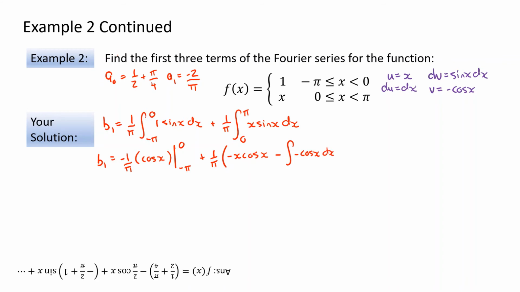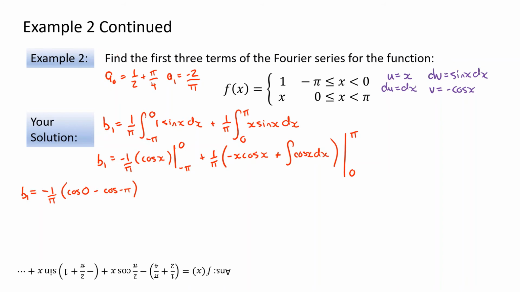Before I go further with this, you see that there's two negatives here. So I'm going to switch this to a positive, and it just becomes the integral of cosine of x dx. Remember that this second integration by parts will all be evaluated at pi and 0. So if we continue with this, we get that b1 is equal to, in the first case, negative 1 over pi times cosine of 0 minus cosine of negative pi.